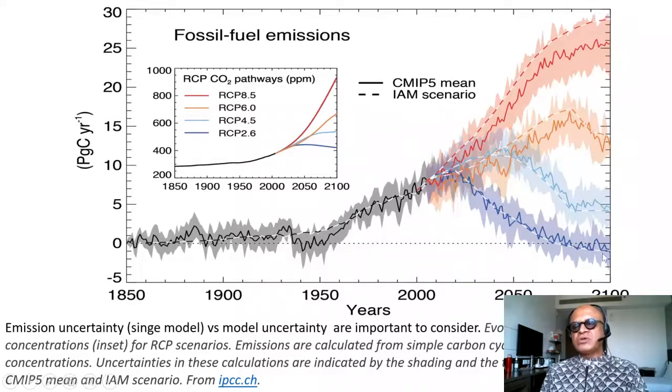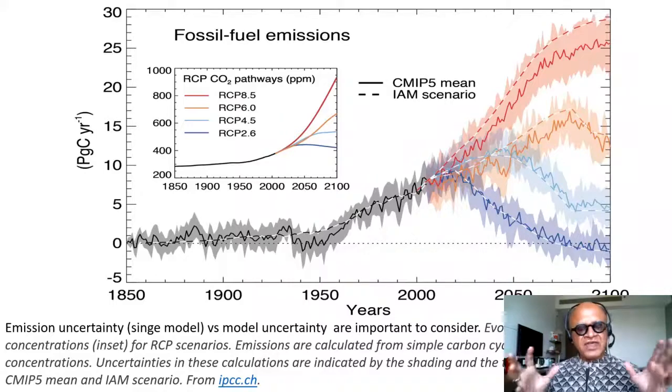They are much closer to each other here in the RCP 2.6 and 4.5 and 6 as well. But the difference is large over here because this is the high emission scenario. So the higher the emission, the concentration, the larger seems to be the difference in the carbon cycle and the carbon that remains in the atmosphere reservoir.